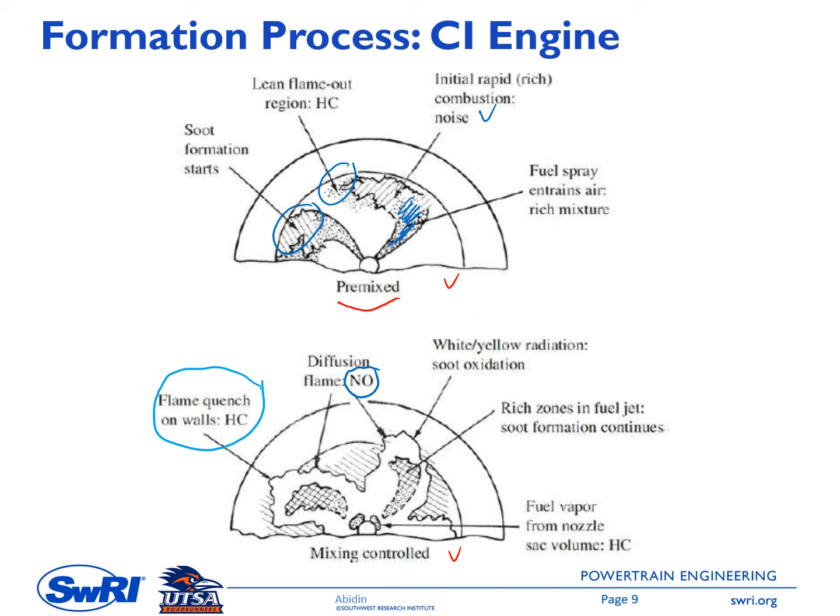And then in the rich zone in the fuel jet, so it is inside the spray, there will be soot formation, and then on the periphery of the spray there will be soot oxidation that will reduce the final production of the soot. And then on the sac volume of the injector, there might be fuel vapor that will be a source of the unburned hydrocarbon.